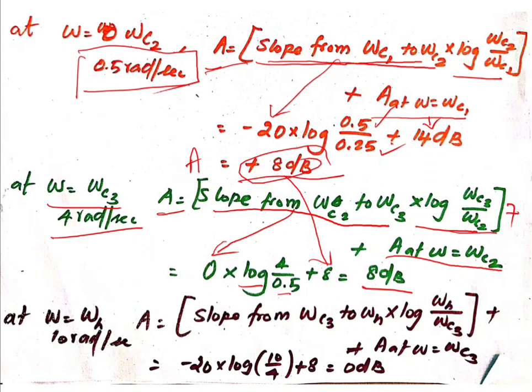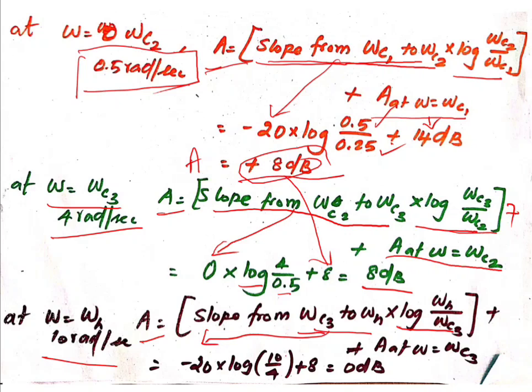Finally, we have to find the gain at omega is equal to omega h, that is 10 radians per second. Here A is equal to the slope from omega c3 to omega h into log of omega h by omega c3. So the slope from omega c3 to omega h is minus 20 into log 10 by 4.